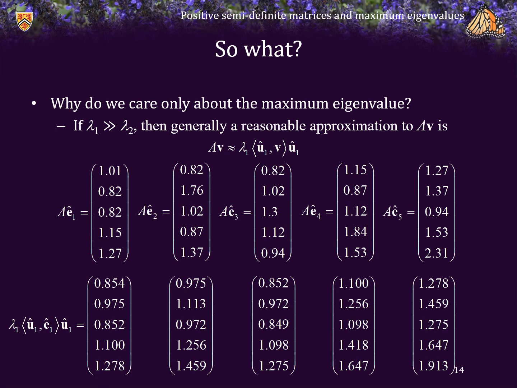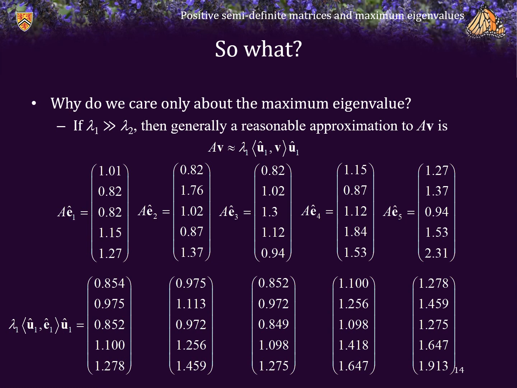Well, multiplying a matrix by a vector generally requires many operations, on the order of 2 times n squared operations. On the other hand, calculating the projection of V onto the first eigenvector and multiplying by lambda1 can be done with only 3n multiplications.